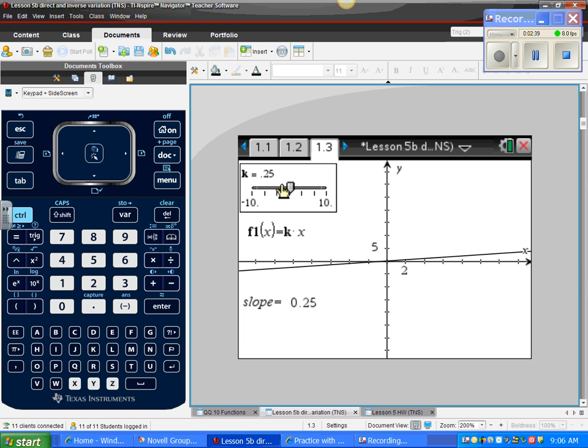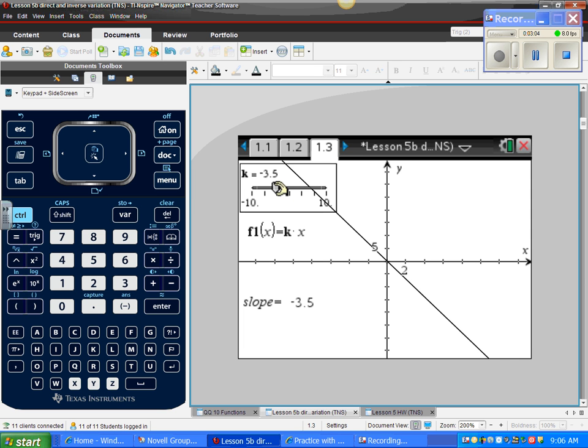What happens when k is 0? There's no slope, so where's my line? Yeah, it's the x-axis, okay? So if the constant of variation is 0, the whole function is 0. How about if it's negative? Slope will be negative, right?